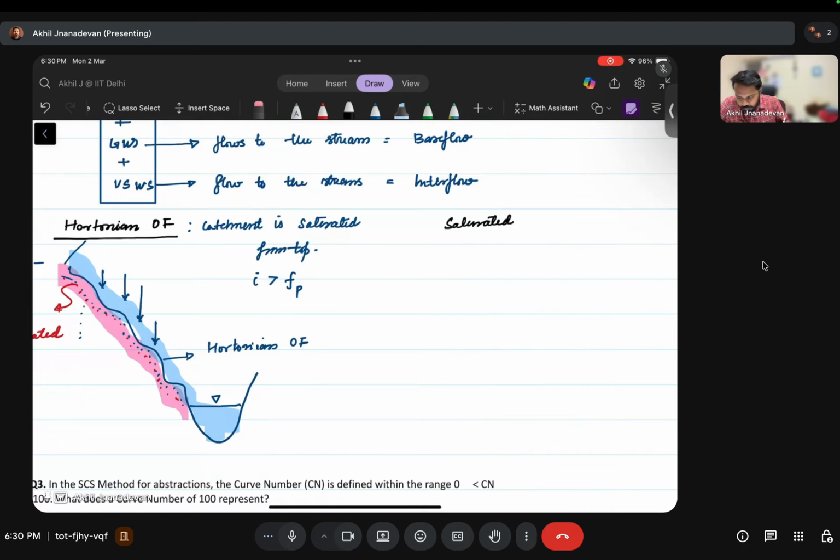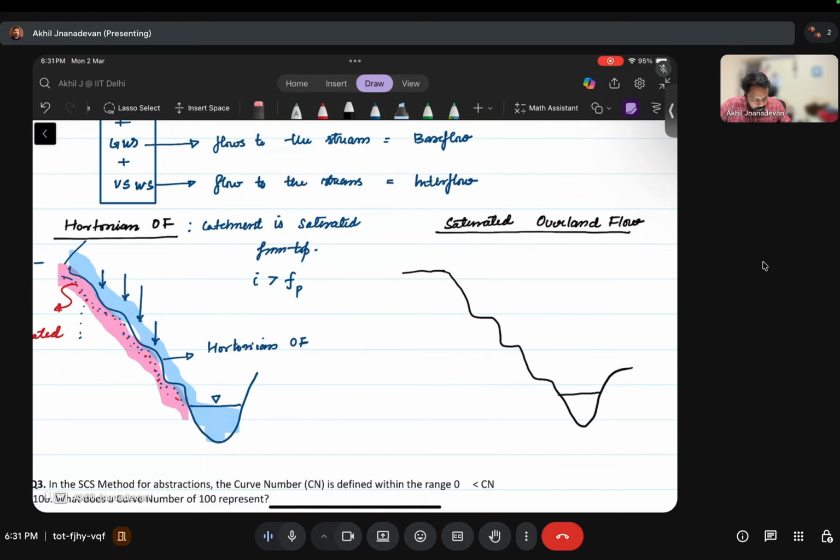Saturated overland flow. So with the same diagram, if there is a hill plane at the top of the hill, and we have the terrain and we have the stream, right?